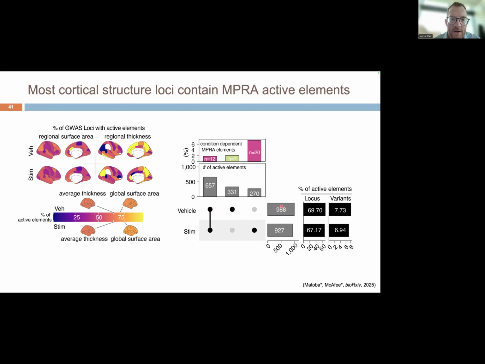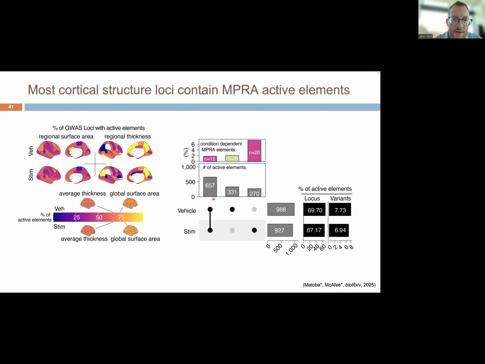These 988 variants were pretty well distributed across different loci, where around 70% of loci contained at least one EMPRA active element. Most variants were not EMPRA active, though. Only around 7% of variants were EMPRA active. But since a locus contains multiple variants, around 70% of loci had some EMPRA active element in them.